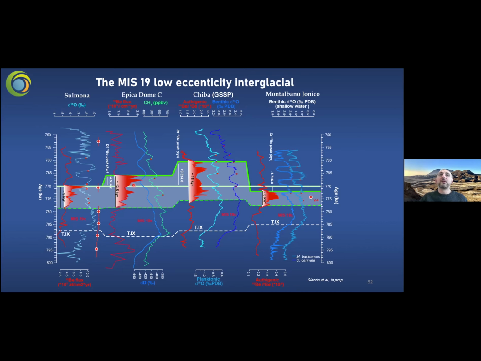It's because they have chronology which are not accurate, especially the Chiba. You have a duration of the peak production of barium, which is twice what we have here in Sumona, and 3 times what we have in Montalbano-Ionico.